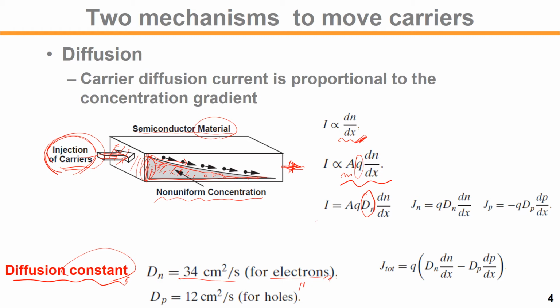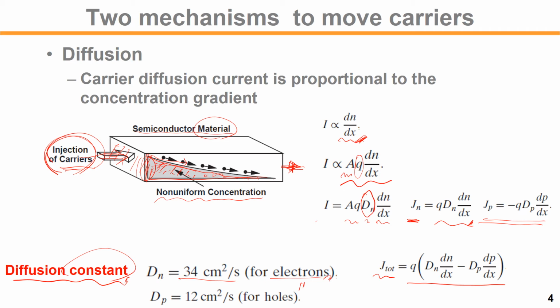So the current will be I equals A Q times Dn, the diffusion constant, times the concentration gradient. If you represent that with the current density J, then we take out the area. So Q Dn dn over dx will be the current density from the electron, and the hole current density will be similarly minus Q Dp dp over dx. The total current will be like this, adding those electron and hole current densities.